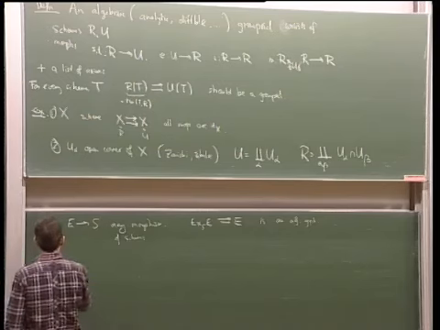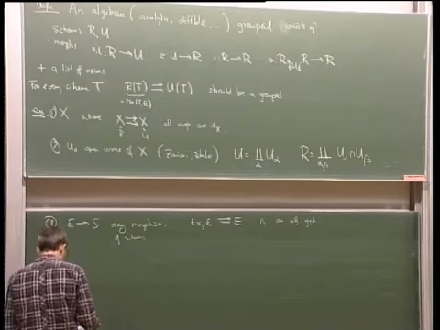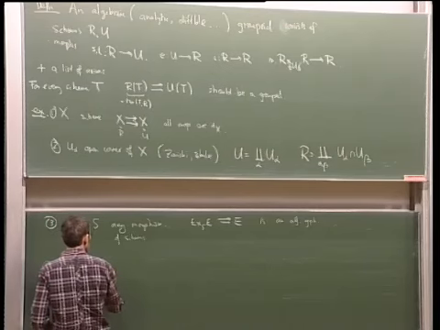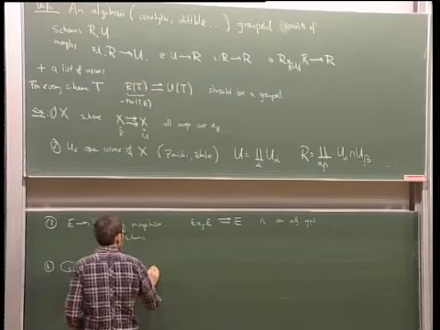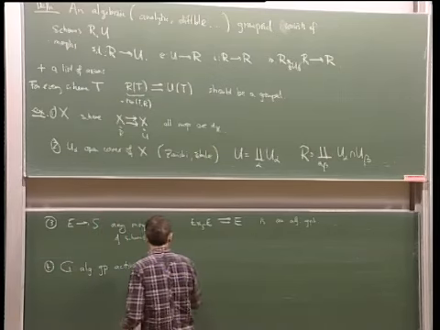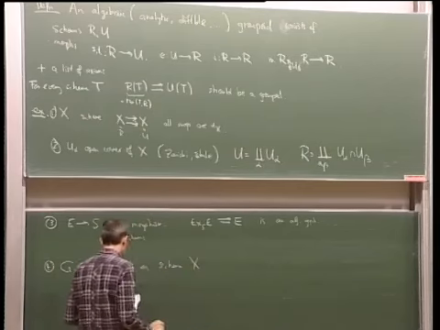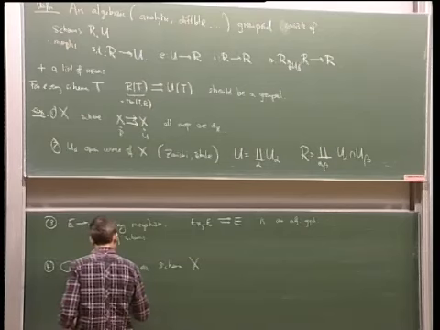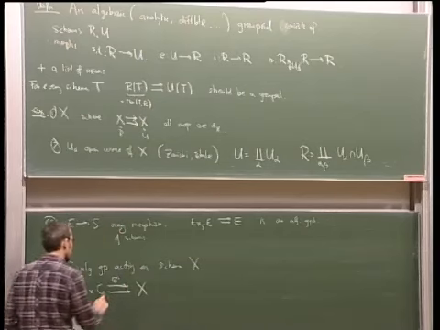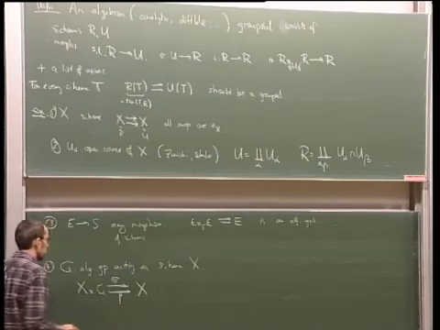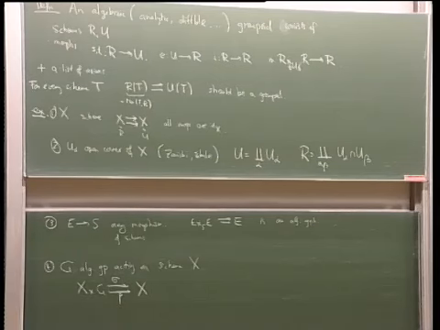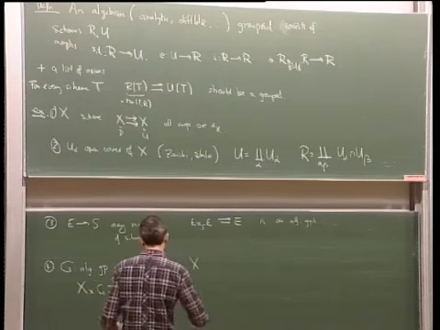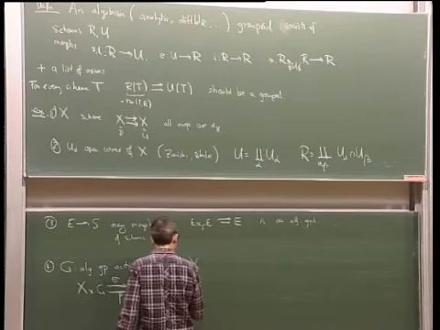Here, fourth example, G is an algebraic group acting on a scheme X, let's say on the right, and let's say sigma is the action map and P is the projection map. This is an algebraic groupoid.